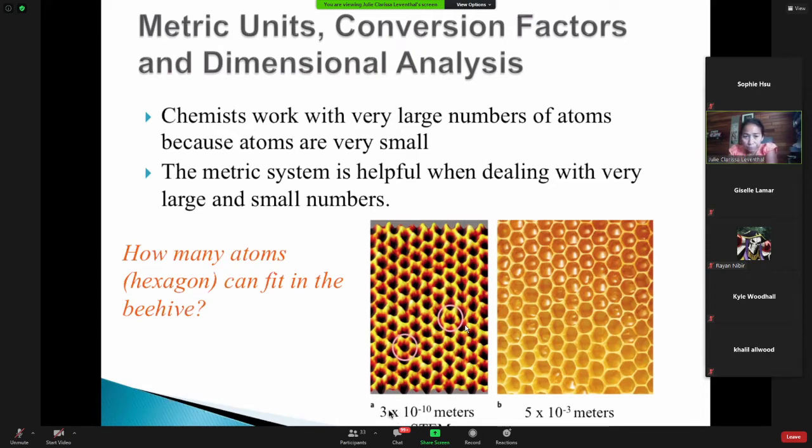The actual what? Sizes of these hexagons. So here, what do we have here? This is an atom with 6 sides, hexaatom, and this is a beehive. So which one is a bigger object, A or B?